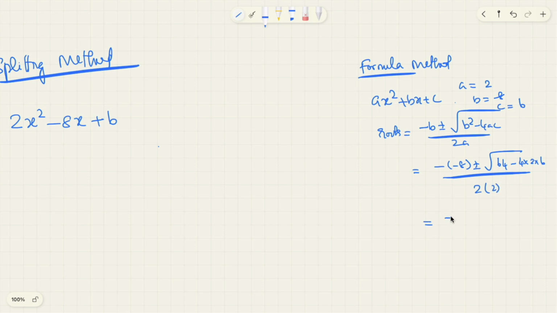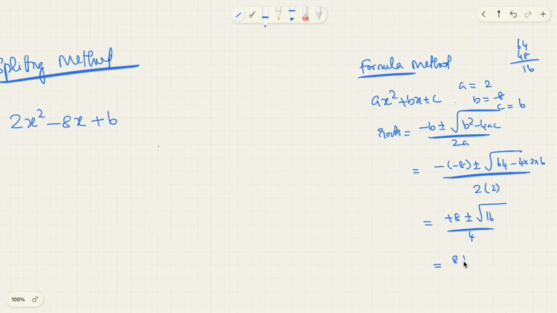So therefore that's going to be plus 8 plus or minus square root of 64 minus 4 2s are 8, 8 into 6, which is 48, right? So 64 minus 48, how much is that? That's 16, and the square root of 16 is 4.